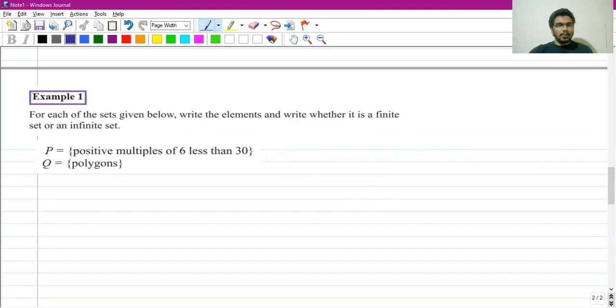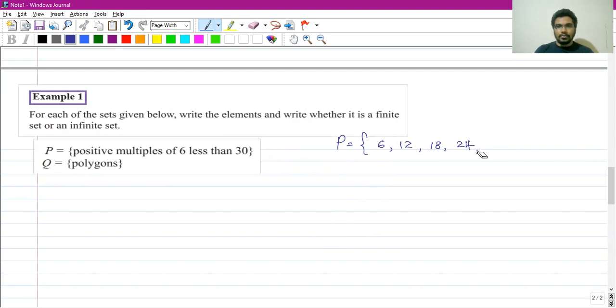P is equal to positive multiples of 6 less than 30. So we can write this set as positive multiples of 6. That means 6 multiplied by 1, 6, 12, 18, 24, and can we take 30?